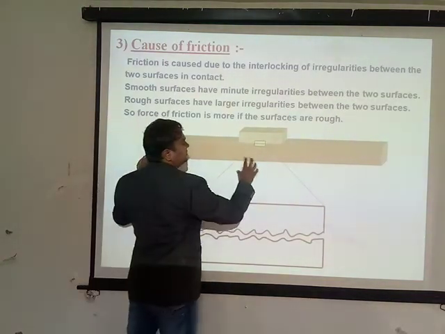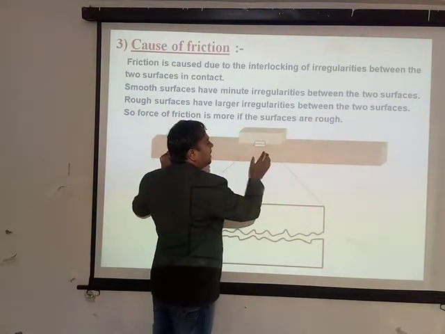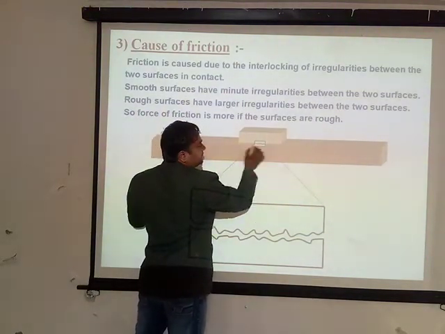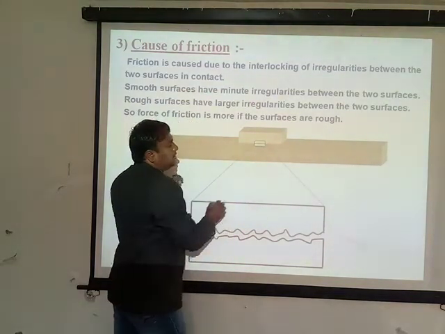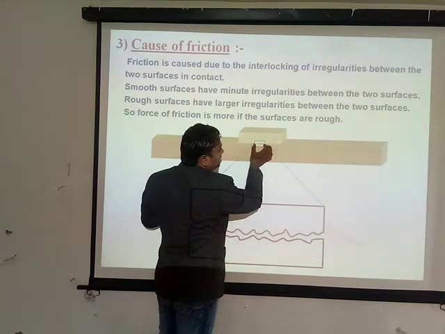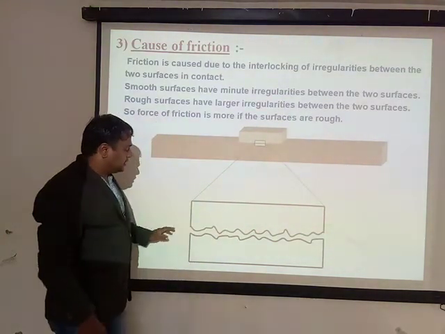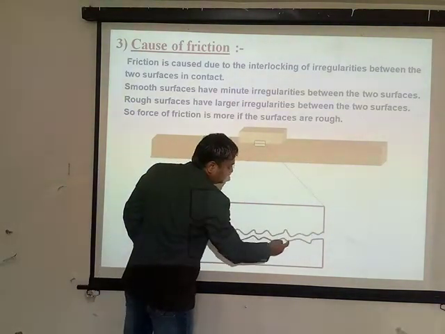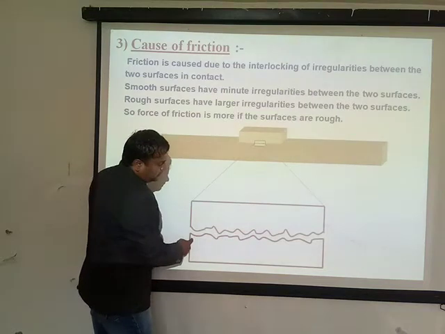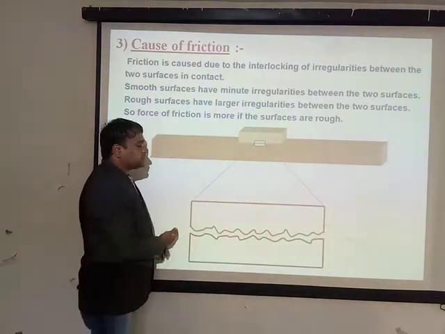Whenever we take two surfaces, here we can see two wooden blocks, and if we look at the interlocking surface between those two blocks, and zoom in bigger and bigger, then we can see that the surface is not regular. It's an irregular surface. The surface is not plane, not smooth.